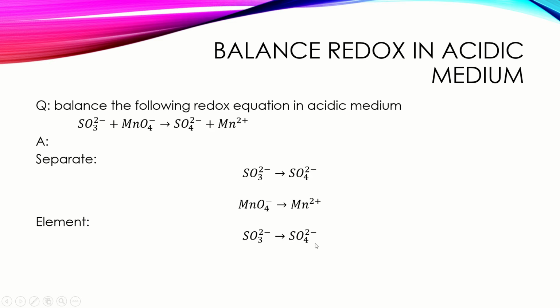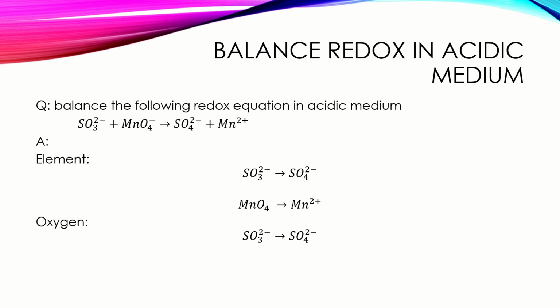Next is Mn. On the left side, we have 1 Mn, and on the right side, we have 1 Mn. So sulfur and manganese are balanced on both sides.